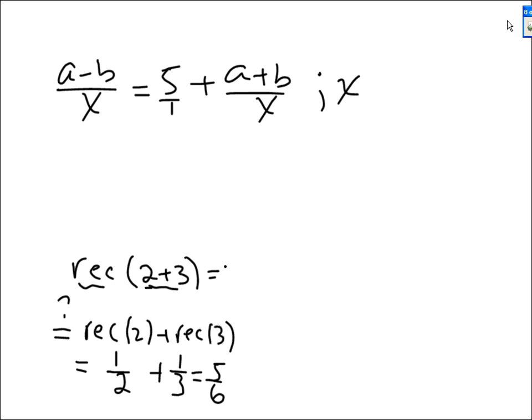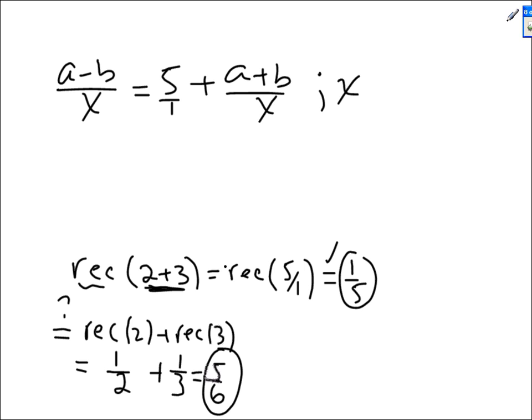So the reciprocal of this is the reciprocal of 5. Remember, 5 is 5/1, which is 1/5. That's the correct answer. This one is not. You cannot do that.